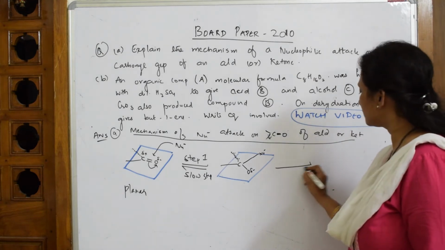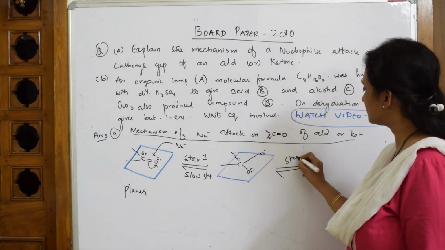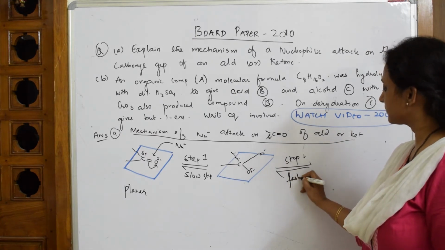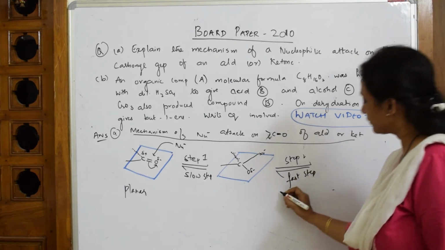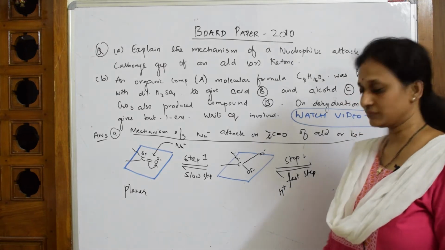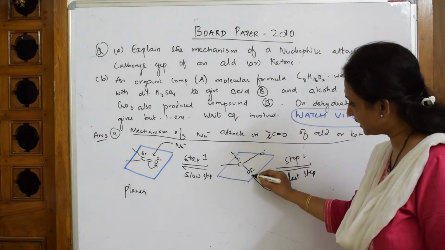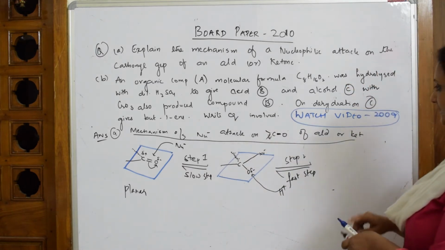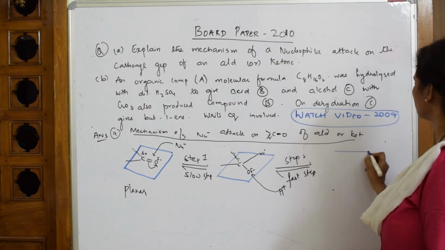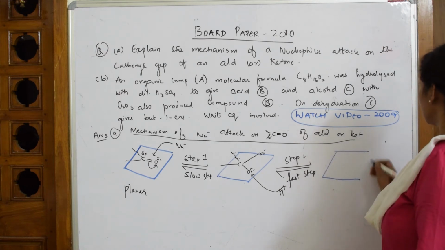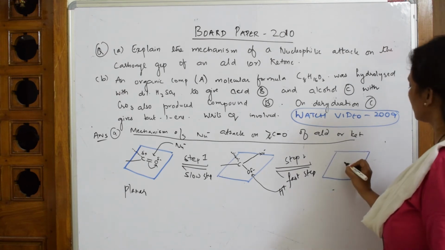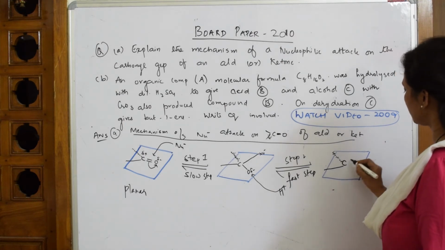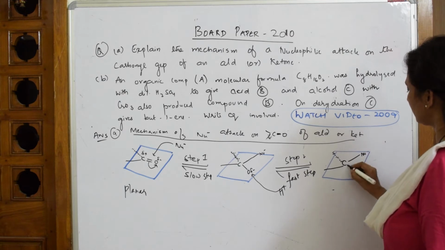Now what am I going to do? I'm going to perform step 2 because I have to get the addition product, isn't it? Step 2 is a fast step. In this I'm going to add H+. This H+ is going to attack your electronegative oxygen atom. What do I get then? I get carbon here, the rear end, and one is the nucleophile and one is OH.